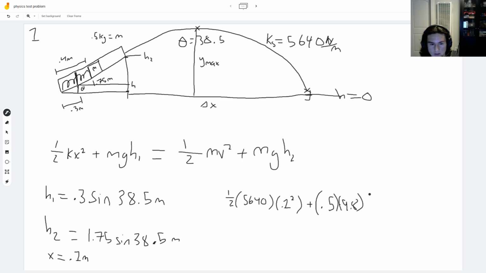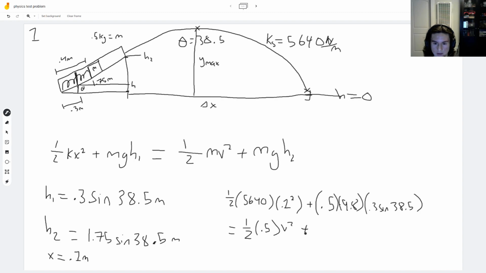0.5 times 9.8 times height 1, which is 0.3 sine 38.5. And then that's going to be equal to 1/2 of our mass again, 0.5. Then I'm going to leave v squared here.